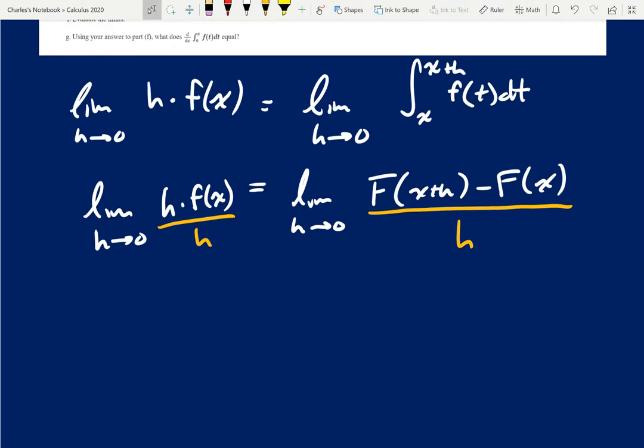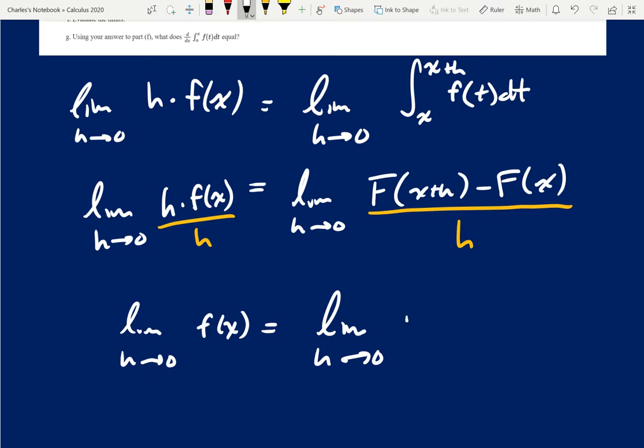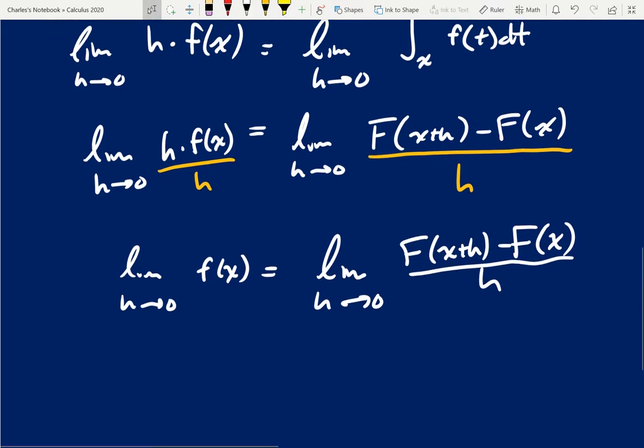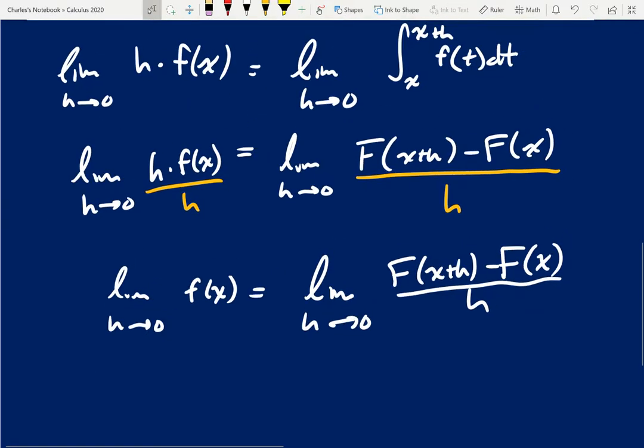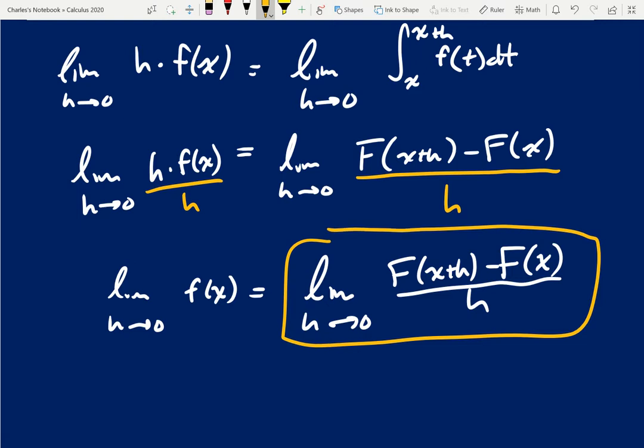Then these things cancel, and I get the limit as h approaches 0 of f of x is equal to the limit as h approaches 0 of capital F of x plus h minus capital F of x divided by h. And so now, hopefully, the right-hand side here is starting to look like something that you already know.